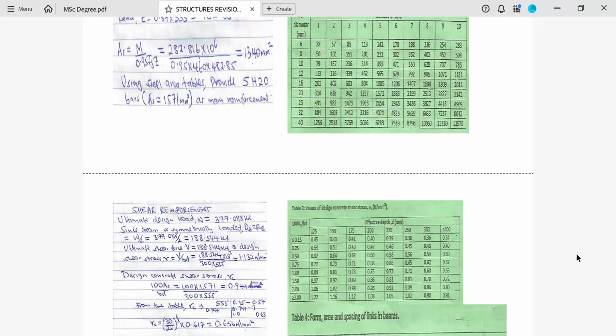But now we go to design concrete shear stress, VC. Now this is the shear stress that the beam can withstand without external support. Now how do we compute it? We have to compute a parameter which is 100 times area of steel divided by cross-section of the beam, which is BD.